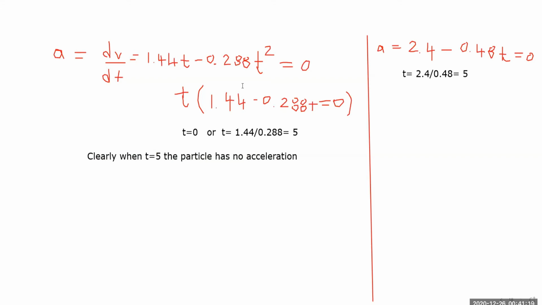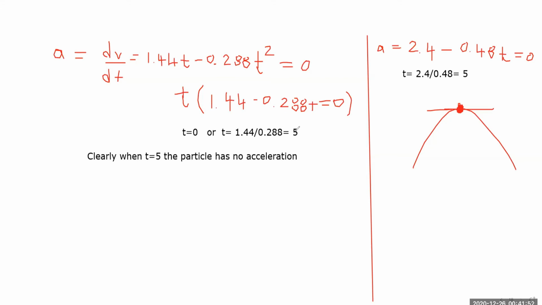Now, what I want you to know is whenever acceleration is 0, this is the maximum velocity. So this is how the particle is traveling, right? When the acceleration is 0, the speed peaks, and this is the maximum velocity.